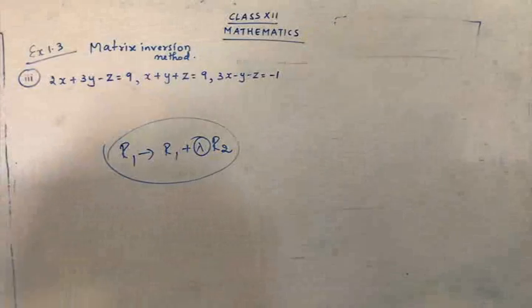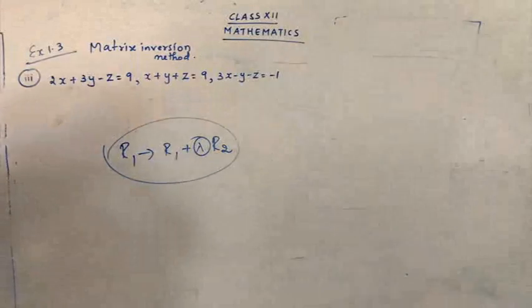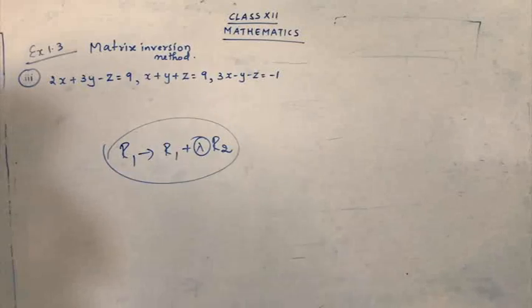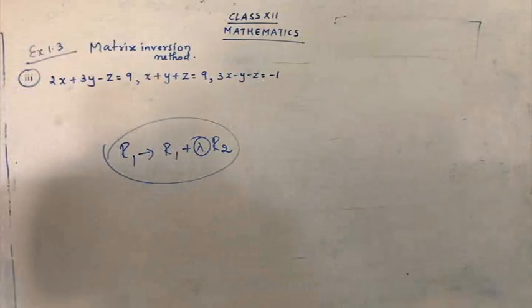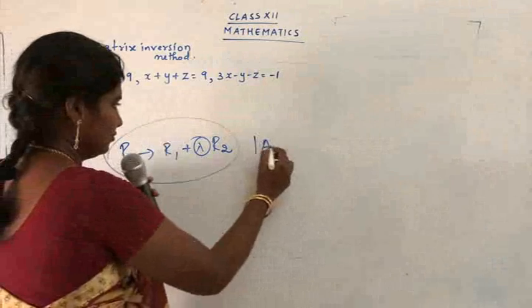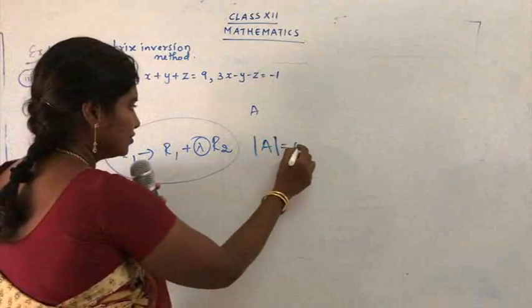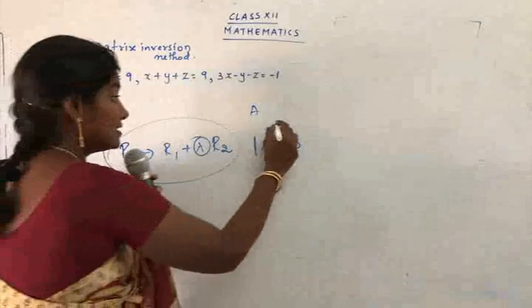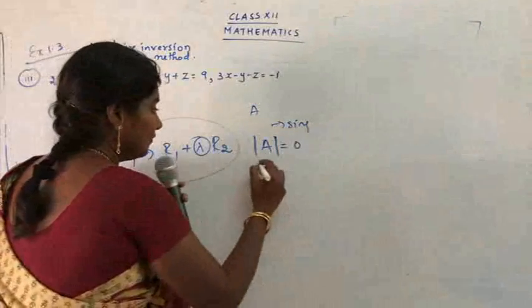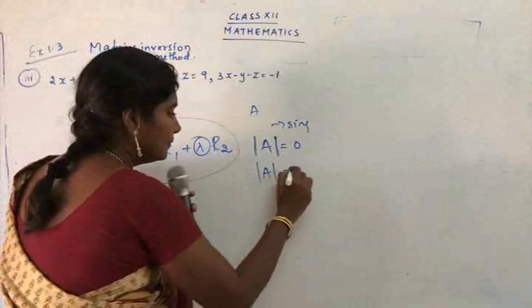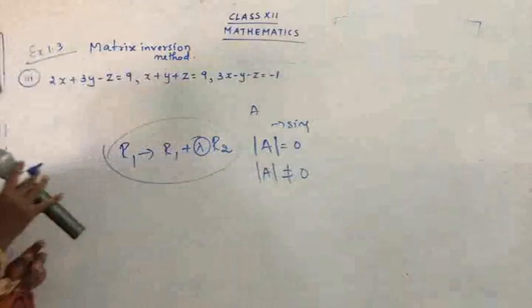We have also studied about singular matrix and non-singular matrix in our class 11. Yes children? Singular matrix means the determinant becomes 0. Suppose you have any matrix A, so if you take the determinant of that matrix, you should get the answer as 0 for singular matrix. For non-singular matrix, the determinant will be not equal to 0.